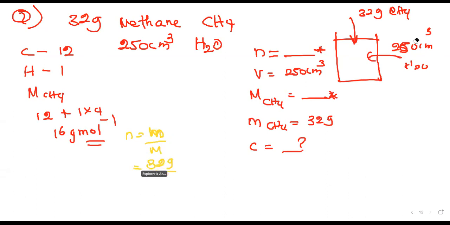Molar mass of methane is 16 g mole minus 1. So simply you will have 2 moles. Then we need to find out the concentration. I'll be doing it on the next page.